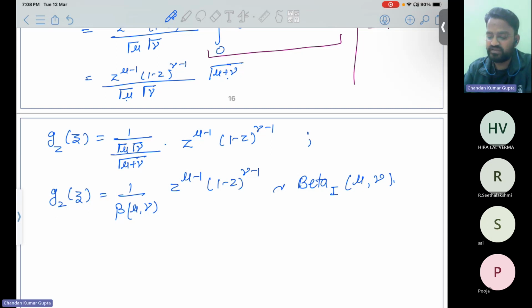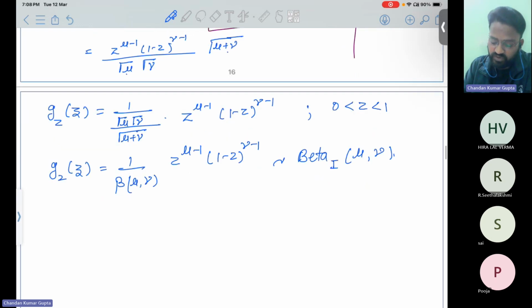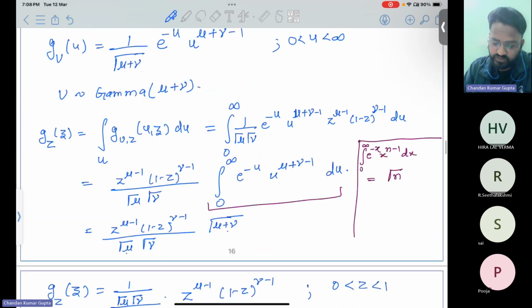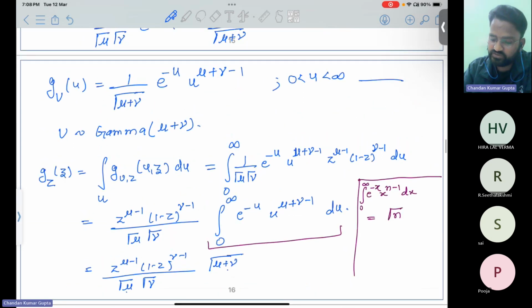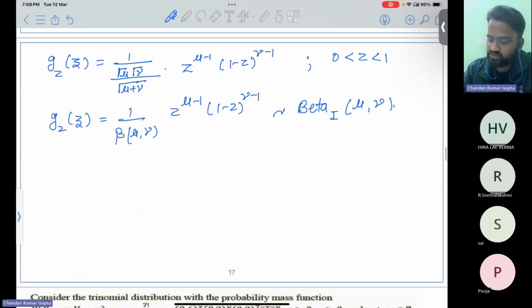First kind means its range is from 0 to 1; second kind, its range is from 0 to infinity. So now we have the marginal distribution of u and the marginal distribution of z.